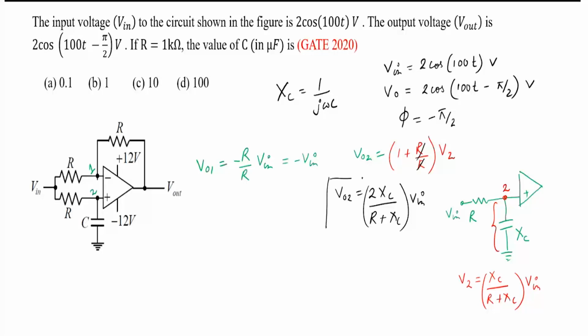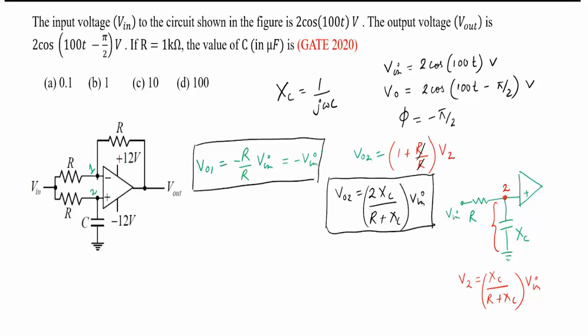Now you have got V02 and you have got V01. Yes? So the net output V0 is equal to V01 plus V02. If you simplify, this will be minus V in plus twice of XC divided by R plus XC into V in. Yes?